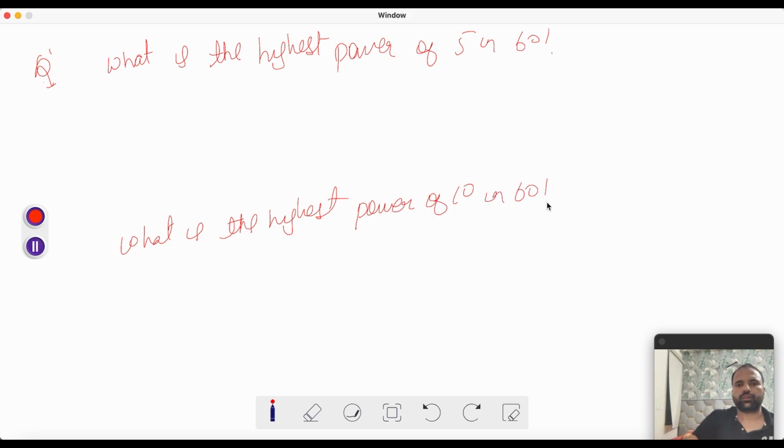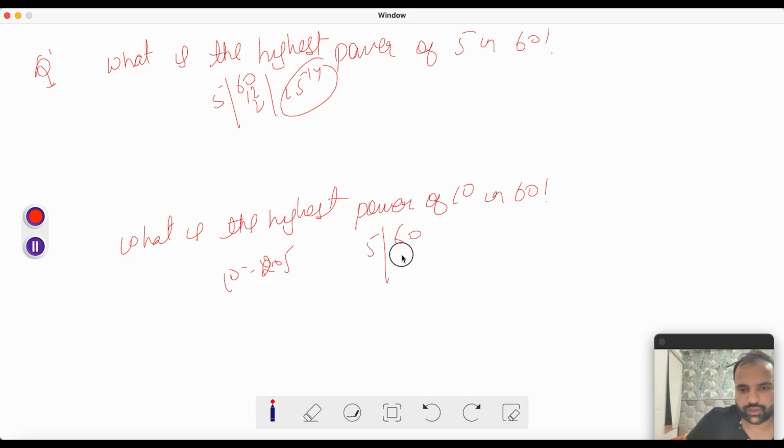Again, highest power of 5, what do we do? 60, 12, 2, so we have 14. How do we write 10? 2 into 5. We need not calculate for 2, because the number of 2's would generally exist more than the number of 5's. So again, 5 it is.